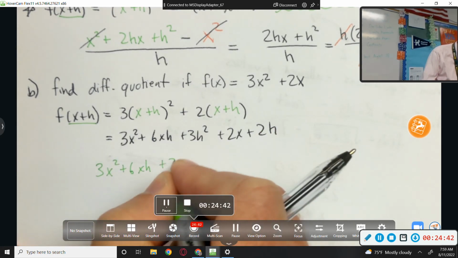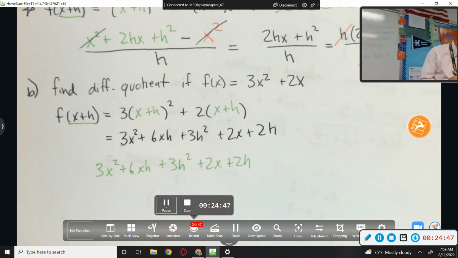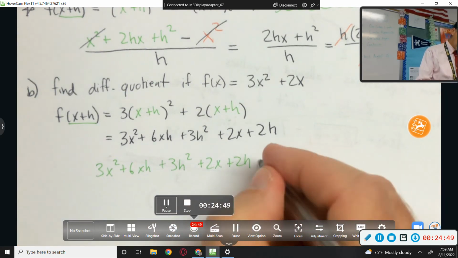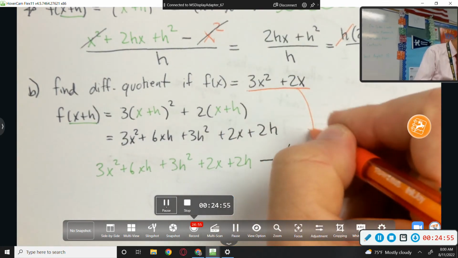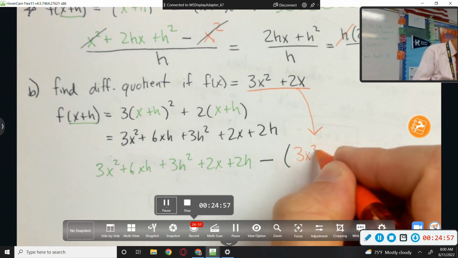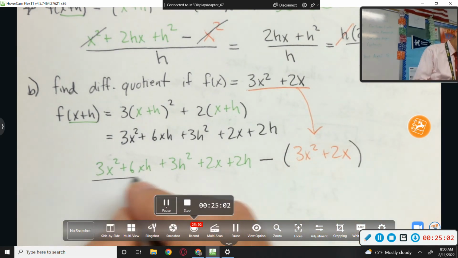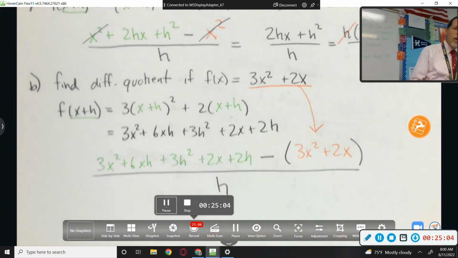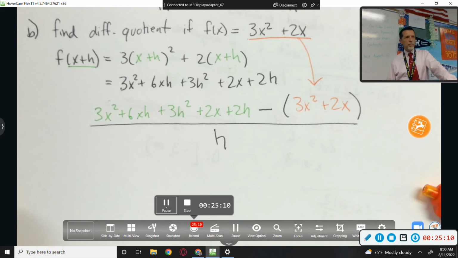So f of x plus h is this massive thing minus f of x, 3x squared plus 2x, all over h. It's more of an accounting problem than anything.